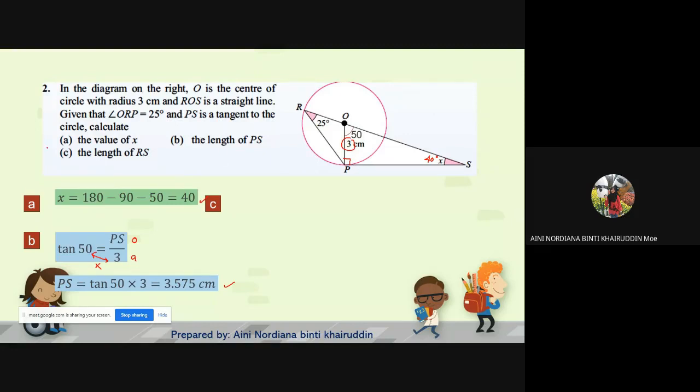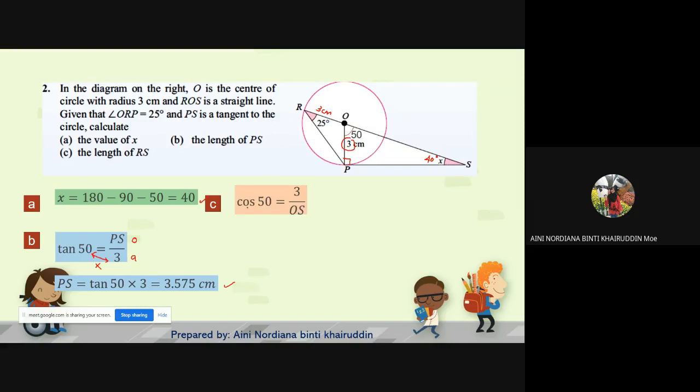See the length of RS, from R to S. So you already know RO is 3 cm because this is radius. Now you need to calculate the length of OS. You can use either Pythagoras theorem or trigonometric ratio, because you know the OP, you know the PS just now, so you can calculate OS.